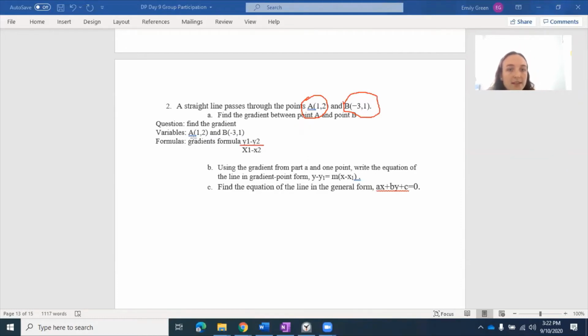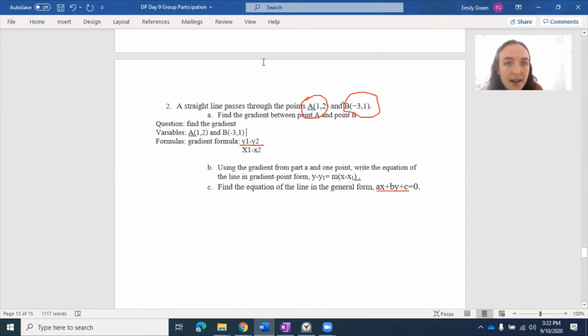So my formula is y1 minus y2 divided by x1 minus x2. That means that I need to label my variables in these terms. I need to know what number is y1, what number is y2, and so on.